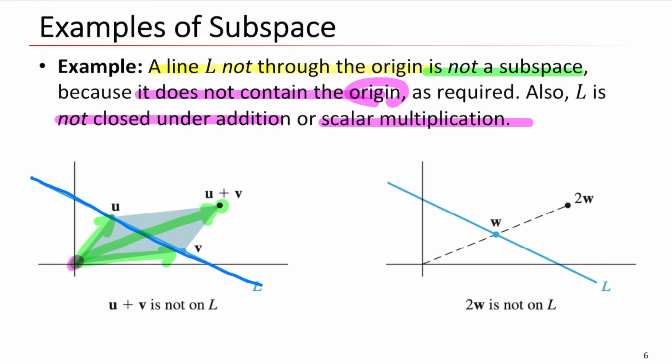Another property: take the vector w and its scalar multiple 2w, right? But this vector is not on the line L. So here and here, we can conclude that a line L not through the origin is not a subspace.